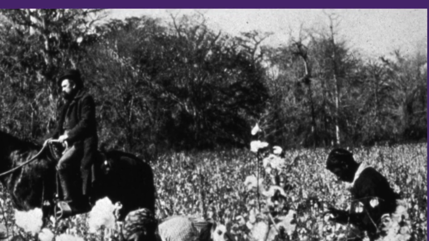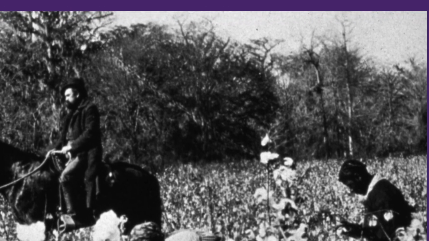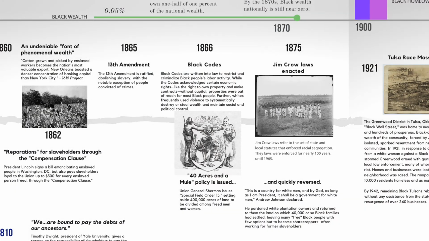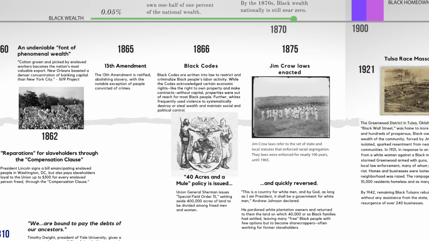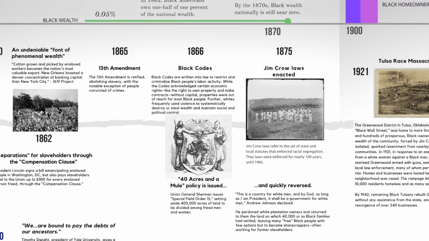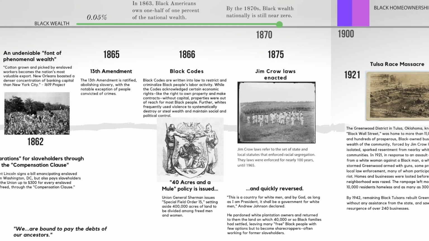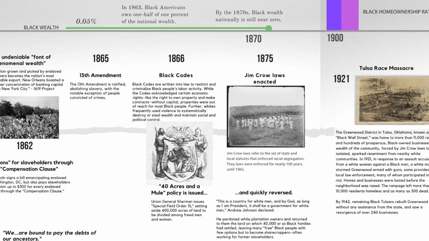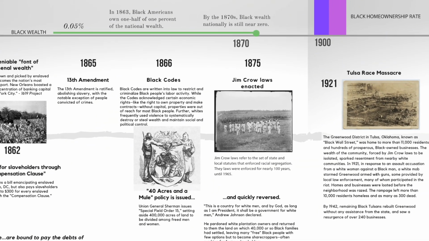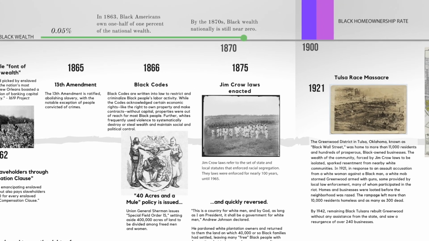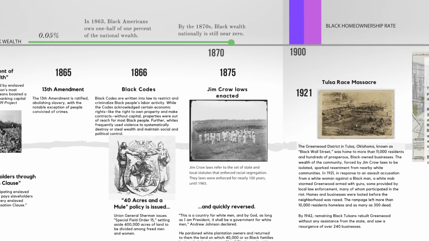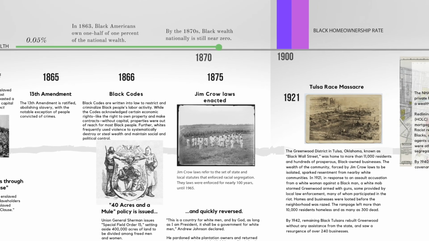Another key date, 1865, the 13th Amendment abolished slavery. At this point, formerly enslaved Africans were now freed. However, there was no intentional way forward to build wealth. There was no capital given. Thus, wealth building was out of reach.